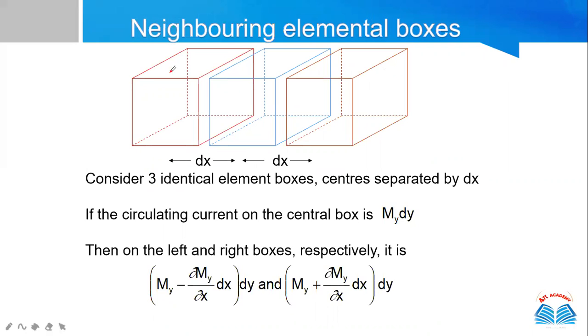At the center box, I am applying some circulating current, in the y direction. So the magnetization is taking place, and that magnetization is My dy. So what will happen on this left side box and what will happen on this right side box? Just listen to me carefully.